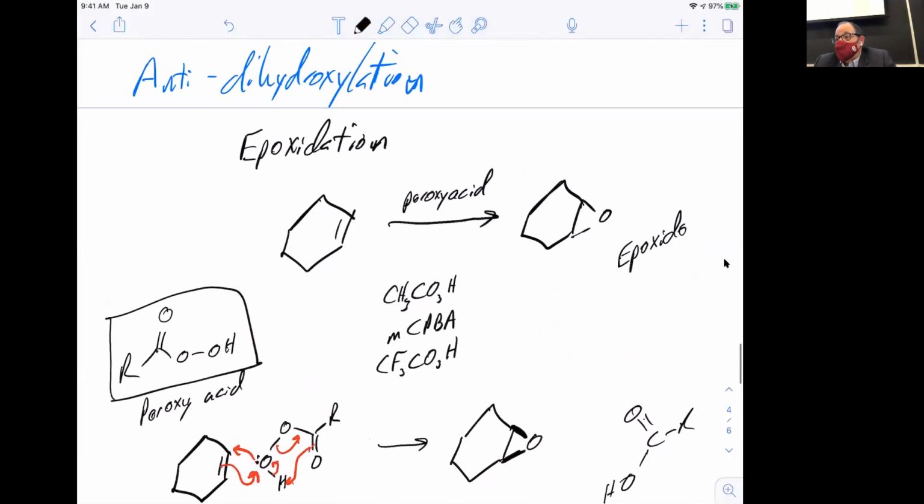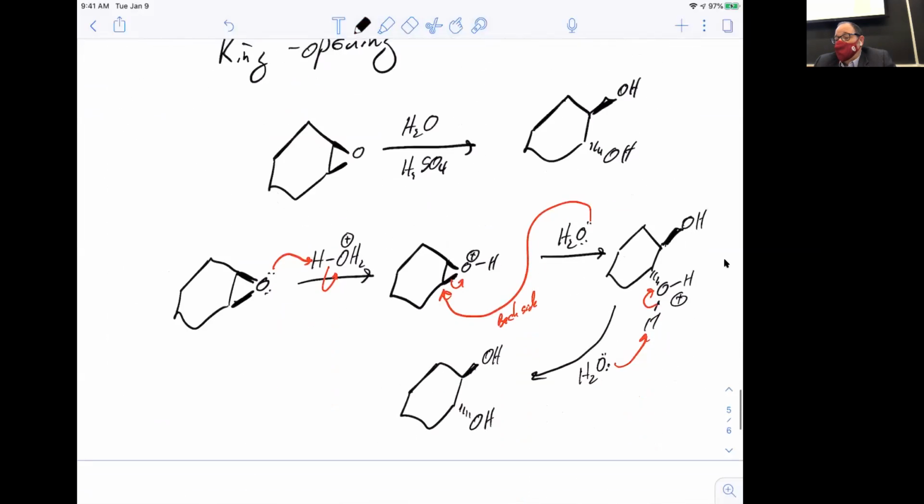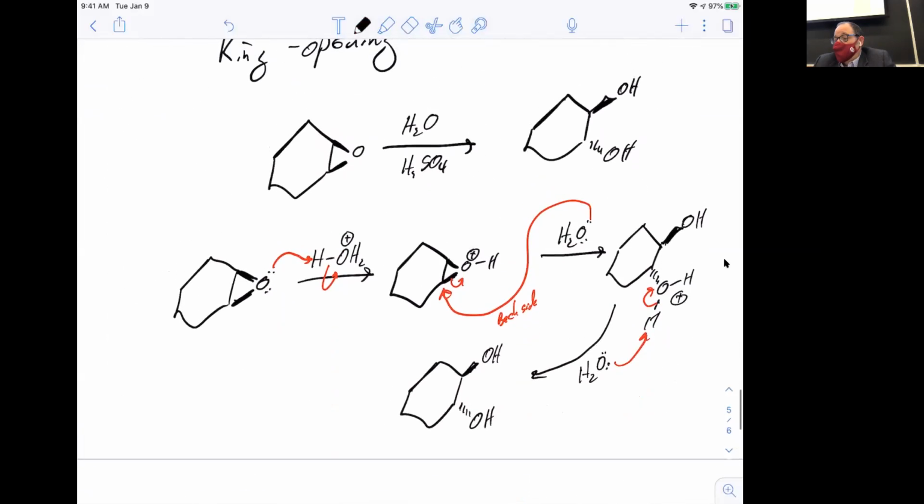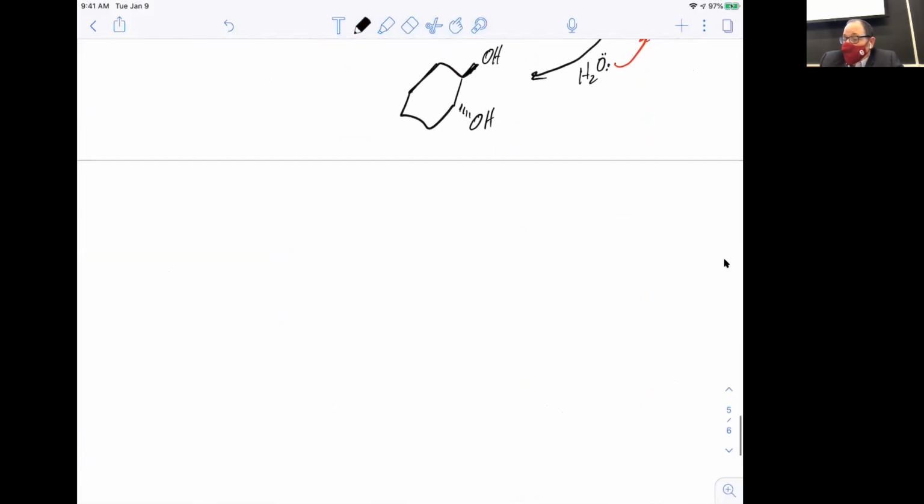So first step is epoxidation. Second step is ring opening, right? When we get to epoxide reactions with alcohols and thiols, we'll look at acid and base ring opening. There's a slight difference in the two, but whenever you're doing dihydroxylation, you almost always do acid-catalyzed ring openings. So the way you would see this is not as two totally separate reactions like that, but you would see it over one arrow.